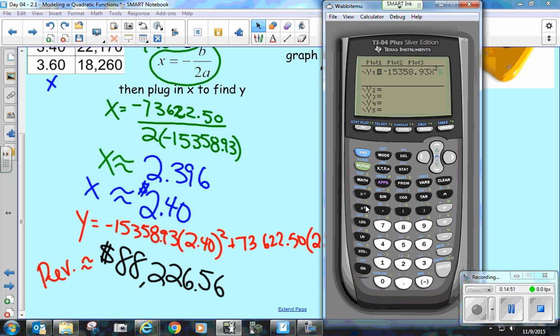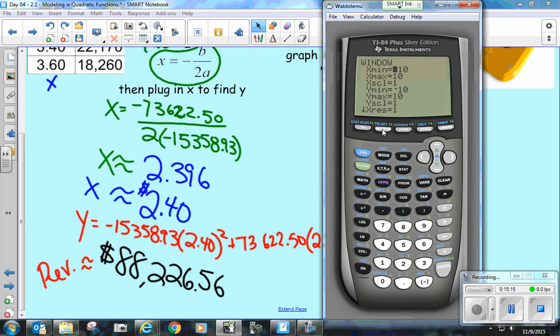All right? So here's my a value, x squared, minus or excuse me, plus, that would have been a big mistake, 73,622.50x. Now, what do you think I should have my window at? Obviously, you see your profit's 88,000. I'm not going to go 10 by 10. It won't show 88,000 in a window. Well, let's look at our x values first.